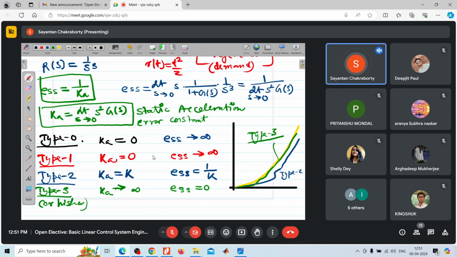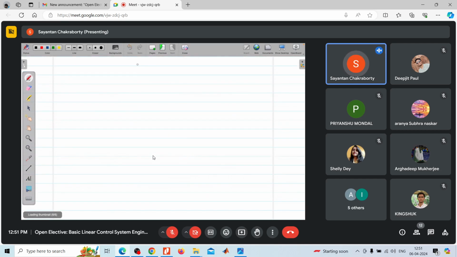Right? And for type 0 and type 1 systems, we cannot say anything. They cannot follow this parabolic input. Right? So if we summarize everything, whatever we have studied over here, then we may develop this table.